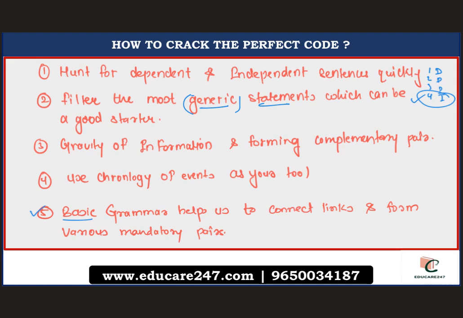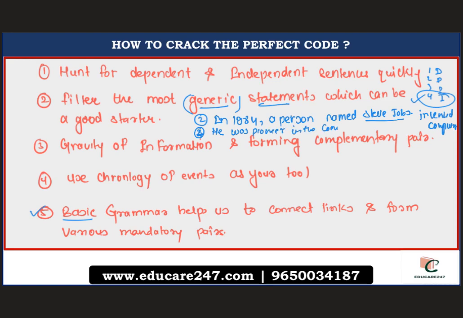For example, in sentence 2, if it has been said in 1984 a person named Steve Jobs invented computer, so they have introduced this person Steve Jobs, and in the fourth sentence it has been said that he was a pioneer in the computing field.